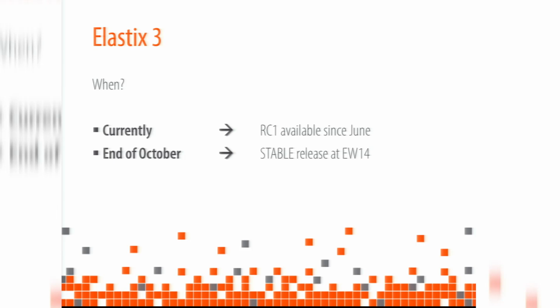For those people wondering what's going to happen to Elastix 2, we don't have a confirmed date yet for the end of life for that, but it's probably going to be somewhere at the end of 2015 or 2016.